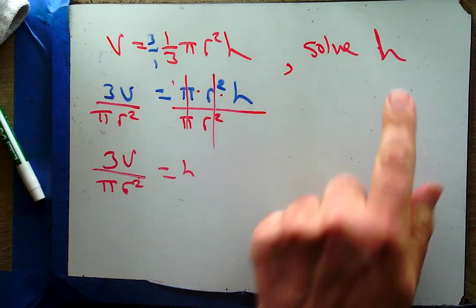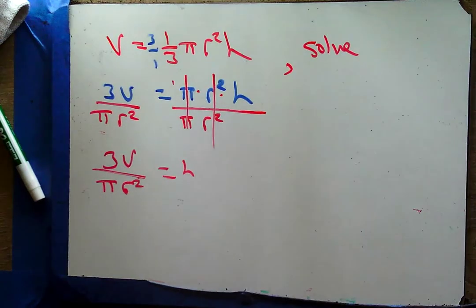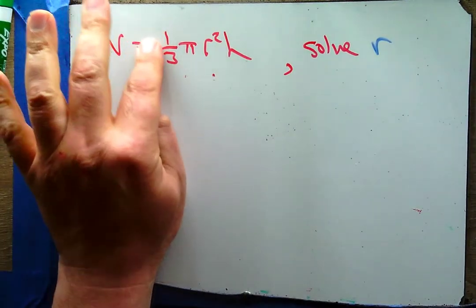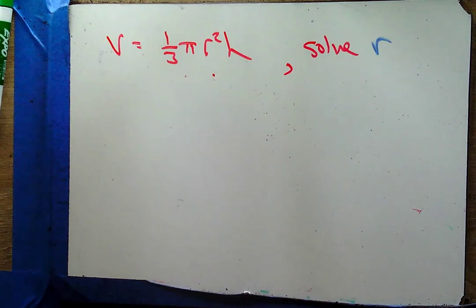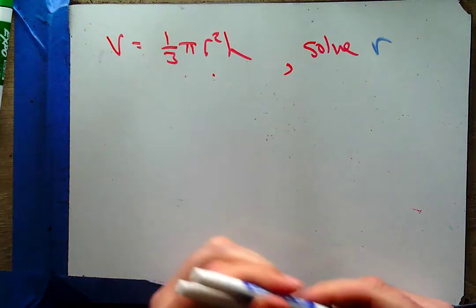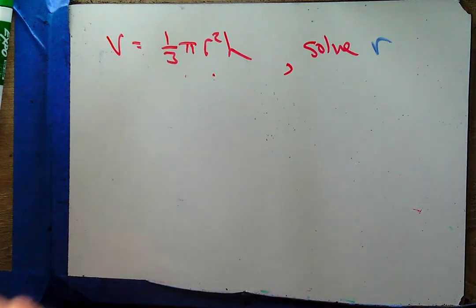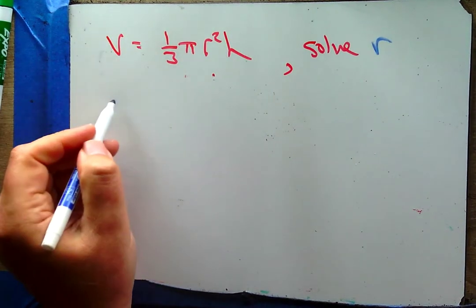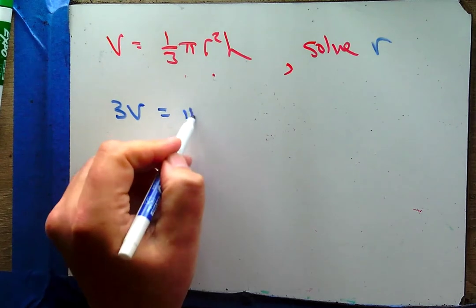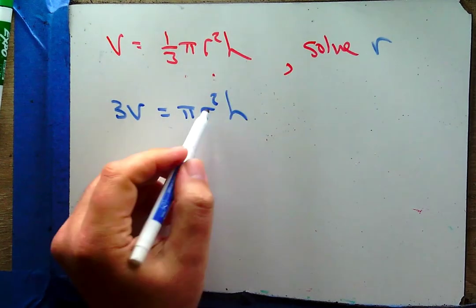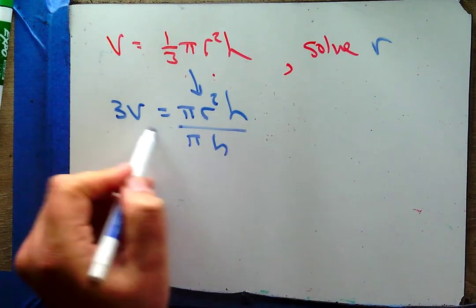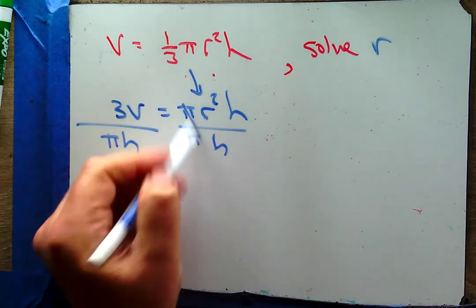Oh, did I say h? Sorry, I meant r. Can you solve this equation for r? Why don't you give it a go and come back in a minute when you're done. Okay, so yeah, again, I'm going to multiply by 3. And now we're solving for r squared, so I'm going to divide by pi h.